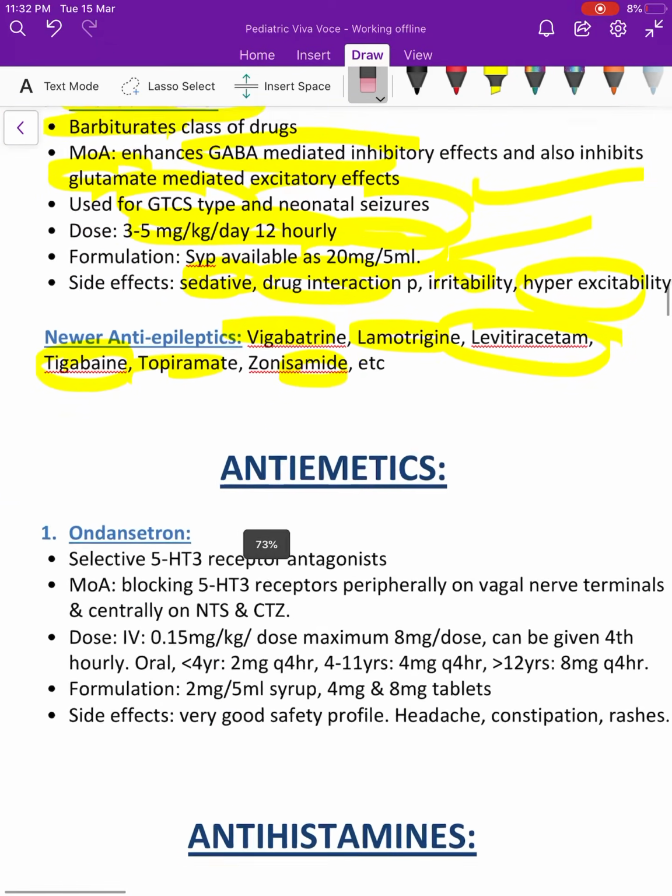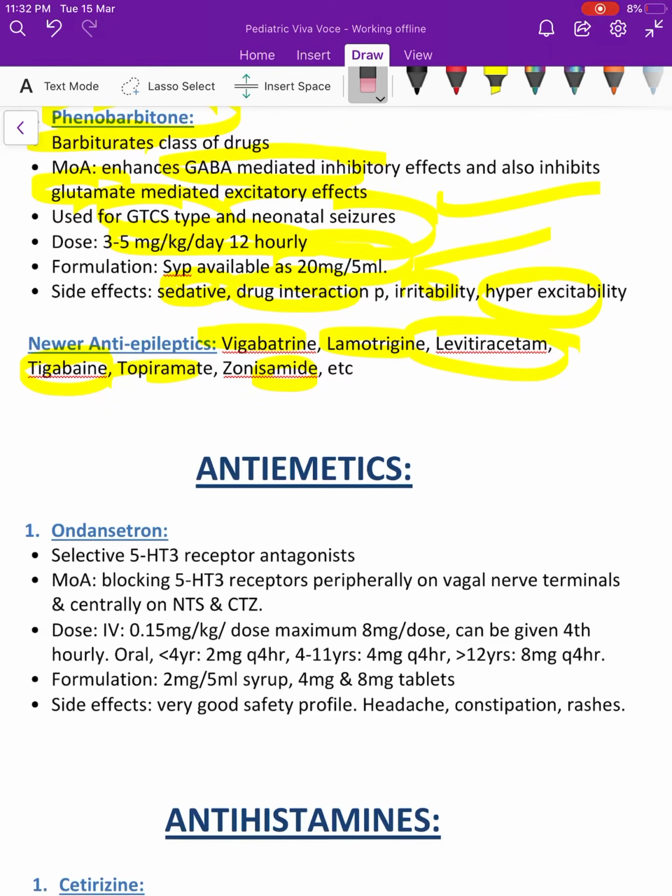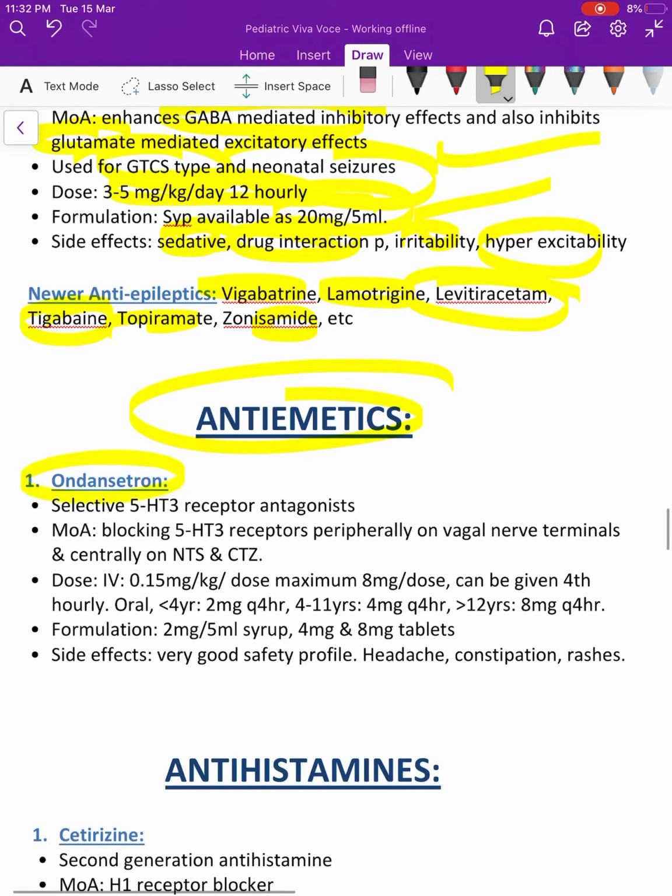Next is antiemetics, and the most commonly used antiemetic is ondansetron. It's a selective 5-HT3 receptor antagonist. How do they act? They act by blocking 5-HT3 receptors peripherally and centrally at the NTS and chemoreceptor trigger zone.